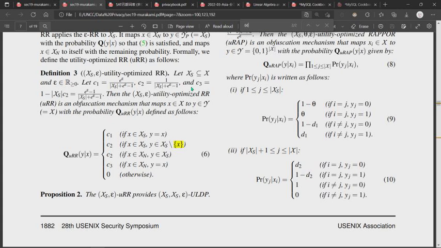What is set X? Is it in the, yeah, I do have a quick question.